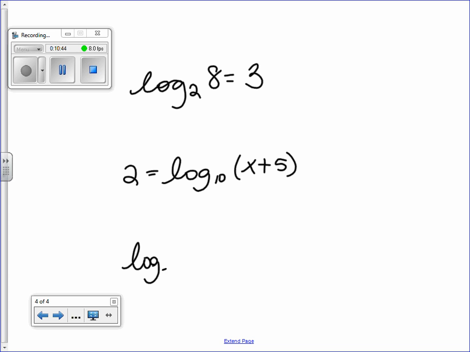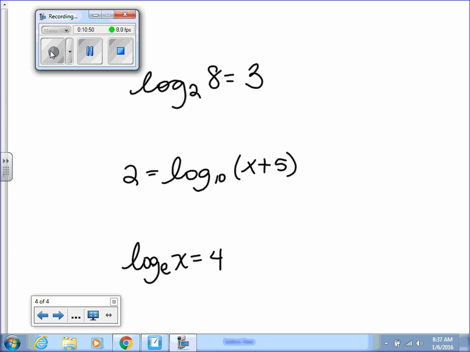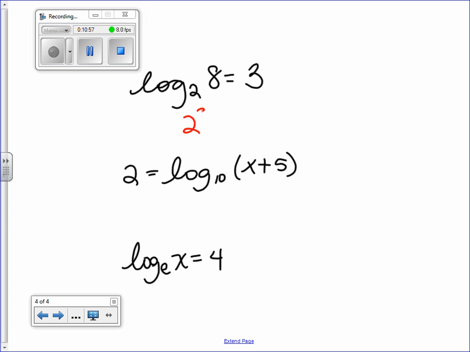Then log base e of x is 4. Alright, so try those three. What would this one look like as an exponent? 2 to the third equals 8. Okay, 2 to the third equals 8, or 8 equals 2 to the third. Either way, it's perfectly fine.